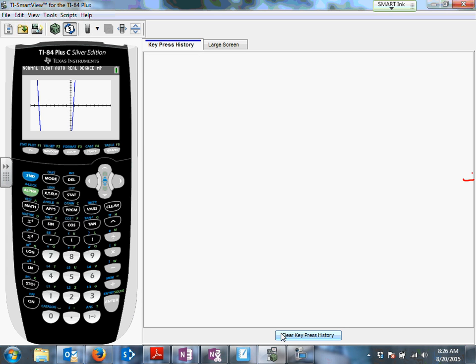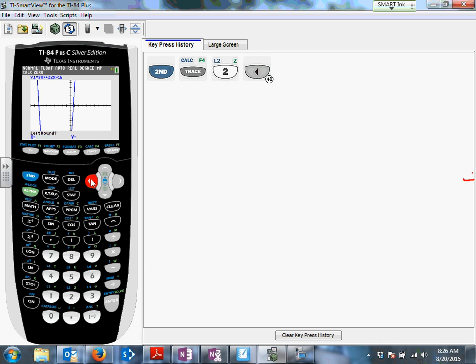You can go to second, calculate, and we want to find a 0. You can either arrow down or you can just press 2 to find 0. And it's going to ask you for a left bound. So you can toggle along your curve.